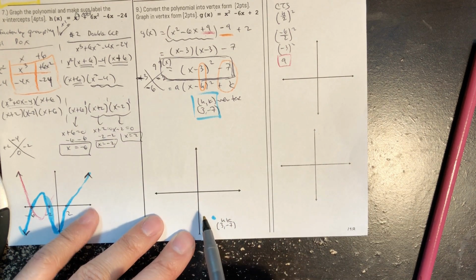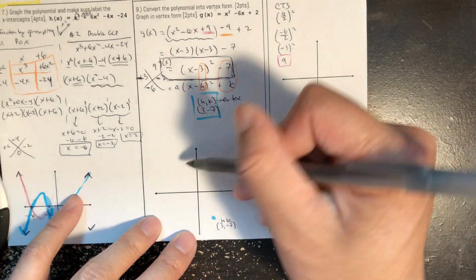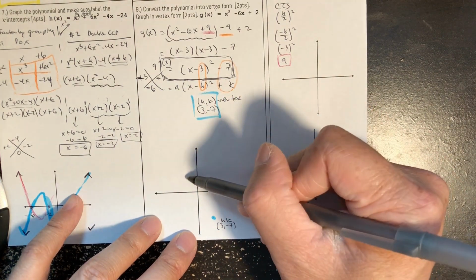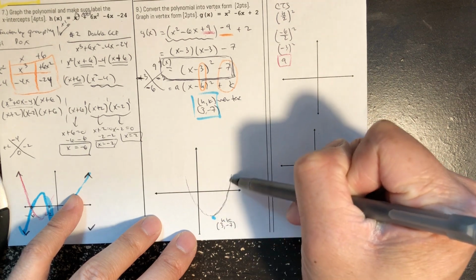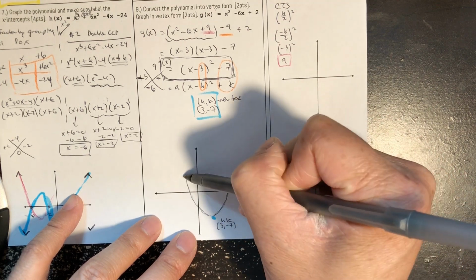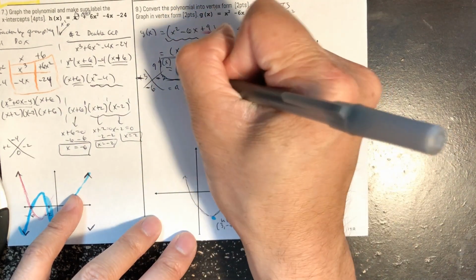And then I just know that it's going to go up. I know it's up because my a value is +1.